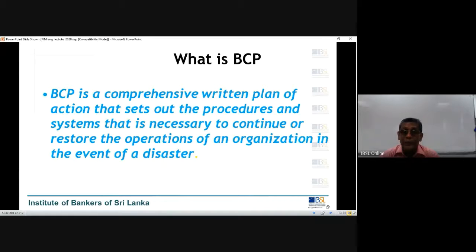So the country is locked down. People have no access to go to the branch, not even to the ATM or anything. So under such circumstances, how does your bank work, and thereby you are testing your BCP.